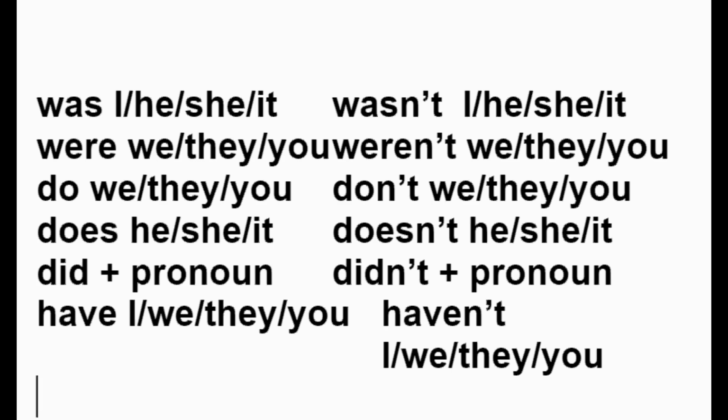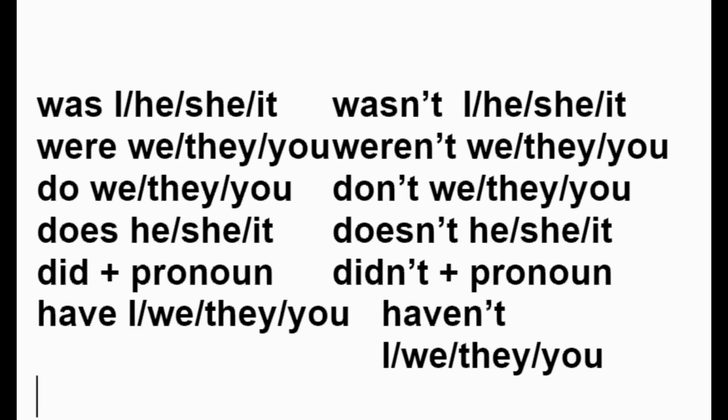Do we, do they, do you? Don't we, don't they, don't you? Does he, does she, does it? Doesn't he, doesn't she, doesn't it? Did plus pronoun, didn't plus pronoun.